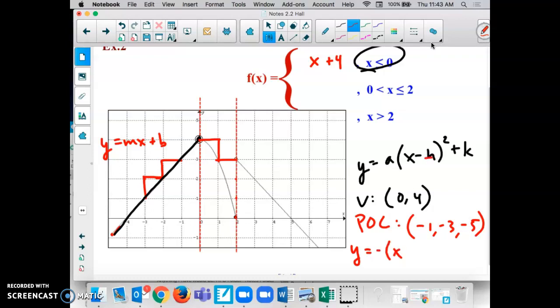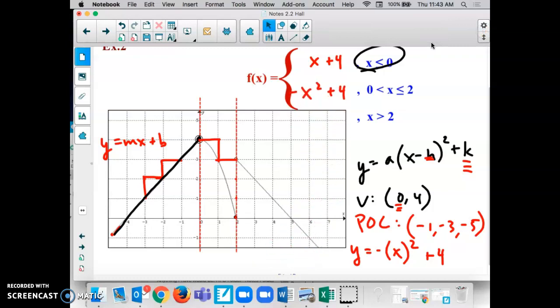The h value is the x value of your vertex, in this case it's just 0, squared, and then k is the y value of your vertex, in this case it's just 4. So the equation that I'm going to put up above is -x squared plus 4.